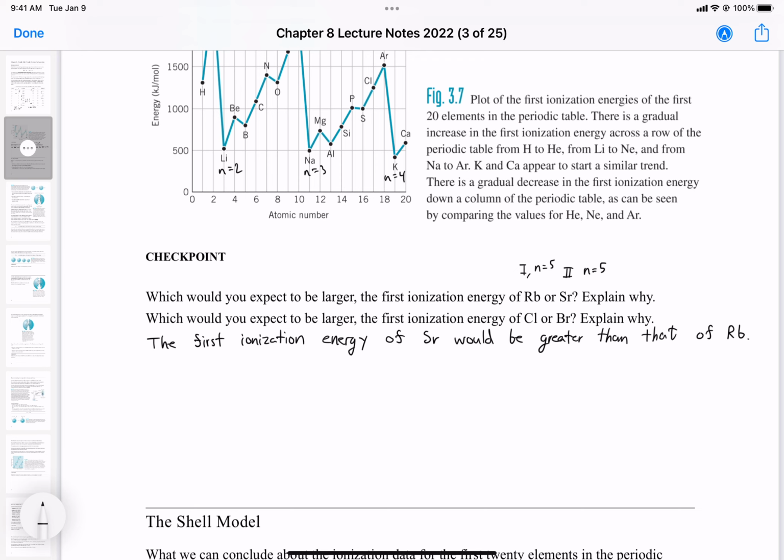Okay? All right. So we said the first ionization energy of strontium would be greater than that of rubidium.